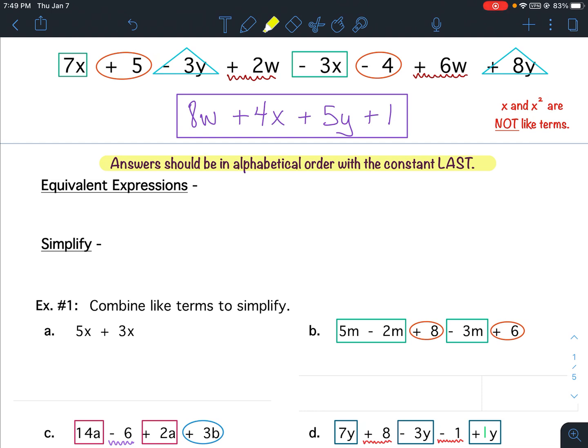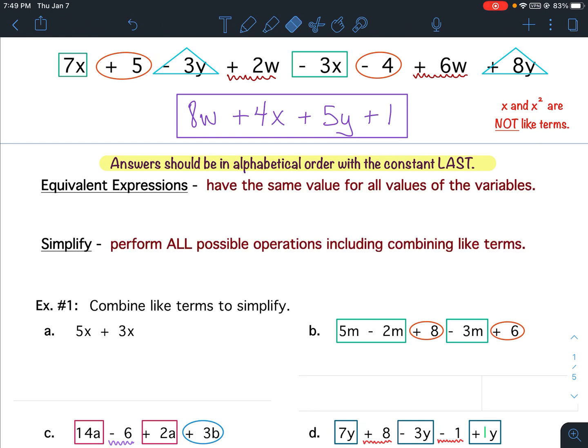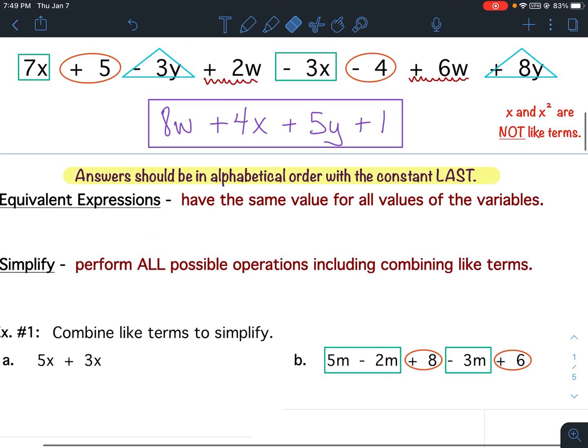All right, so equivalent expressions and simplify. Take a moment, pause your video, and get those definitions written down. All right, equivalent expressions have the same value for all values of the variables. This example that I did up here, the original expression was this big long expression up here, and then this one here is an equivalent expression.